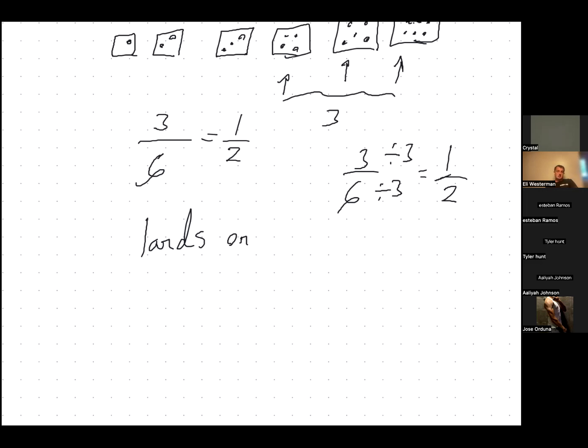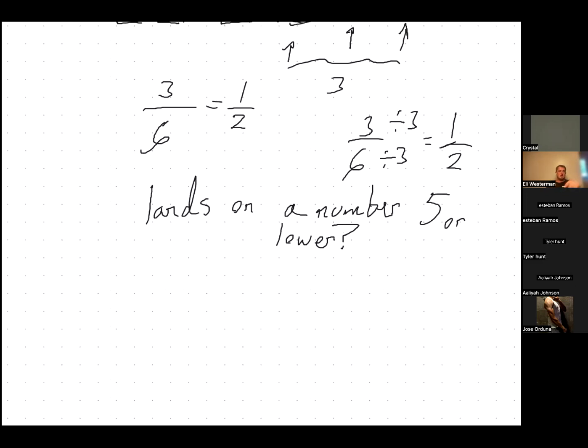So now what about the possibility the dice lands on a number 5 or lower? What is the possibility the dice lands on a number 5 or lower? Try that one out.